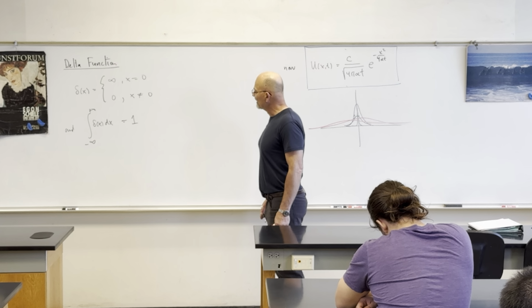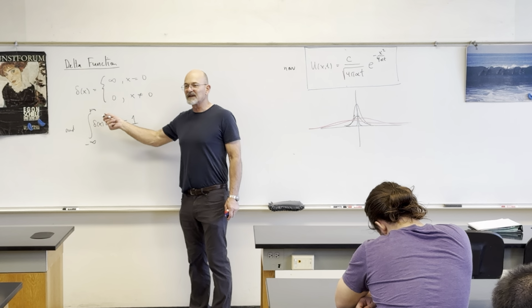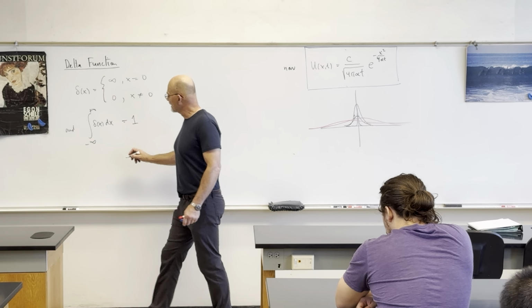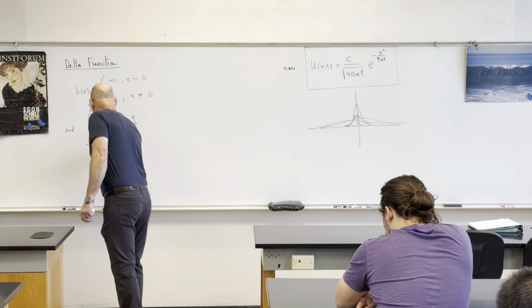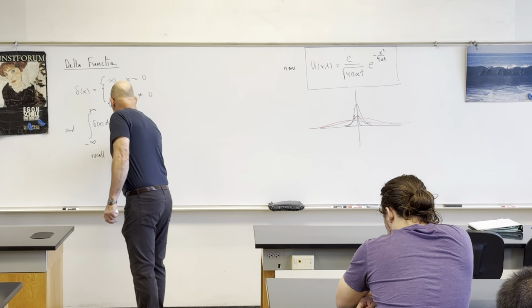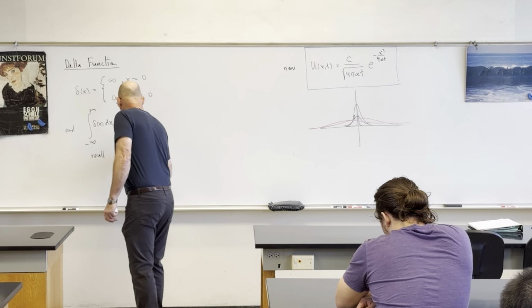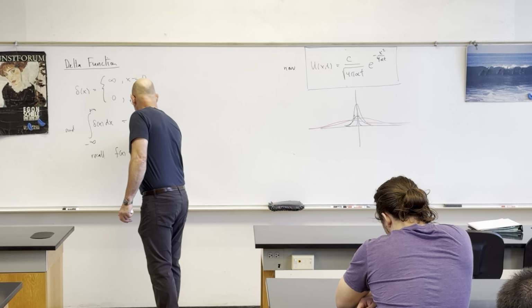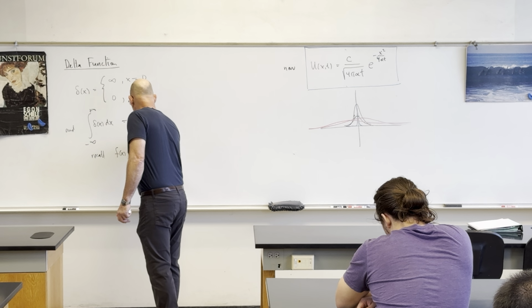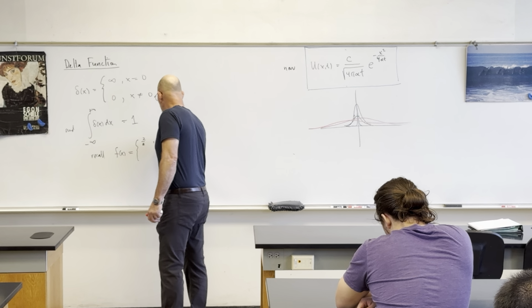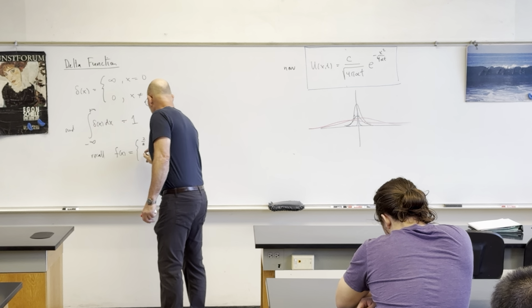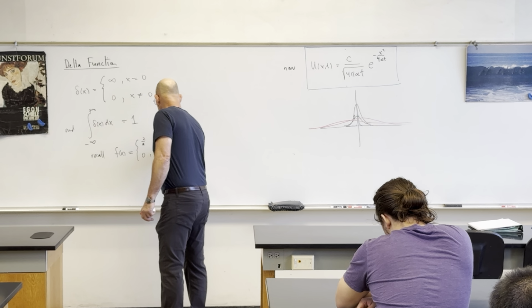On some of our homeworks, we've been talking about this. We were looking for the Fourier transform of a spike once. I'm just going to write here, recall, f of x equal to, what was that, 2 over a for minus a less than x less than a, and 0 for x greater than a.